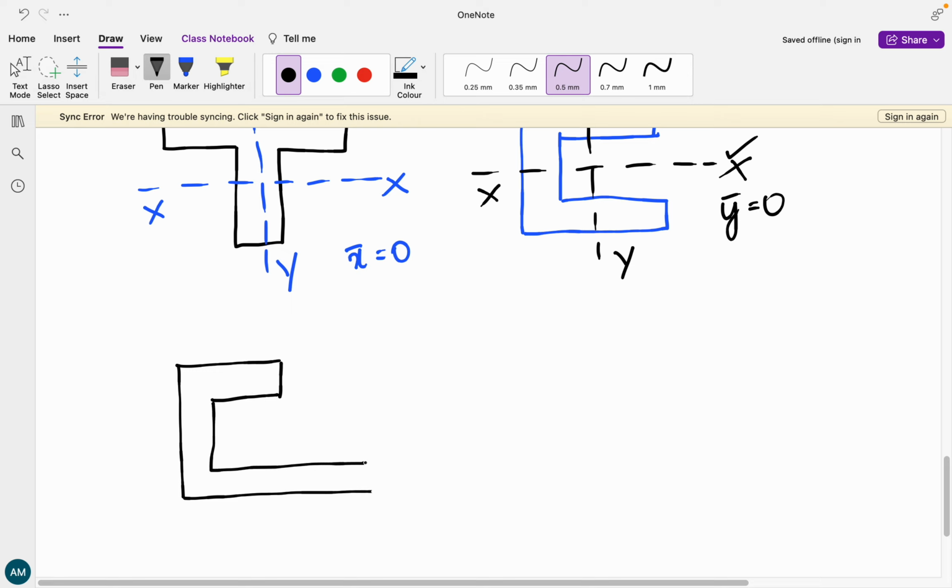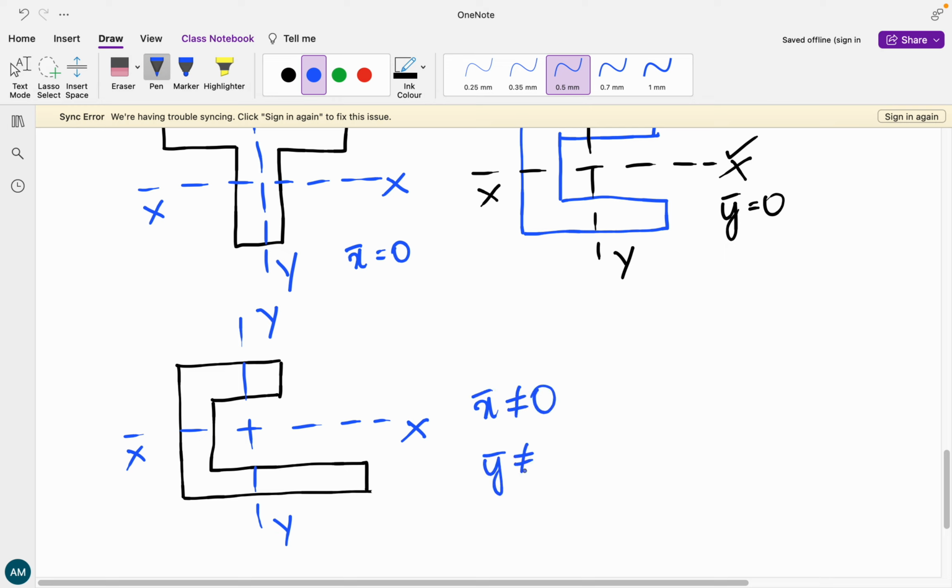So here, if we are going to find the symmetrical axes, there is none, because it's not going to break your given figure into two equal halves along either the XX axis or the YY axis. So here X bar is not equal to 0, Y bar is not equal to 0. You're going to have a definite number. So here this is not going to be a symmetric axis.